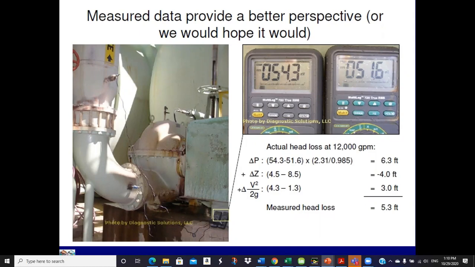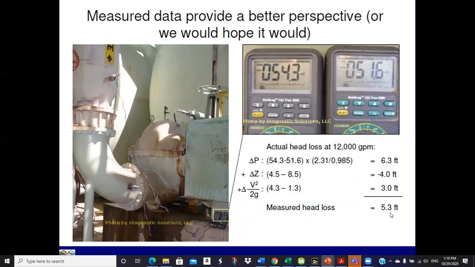But the elevation difference, measuring from the location of these two pressure transducers and the direction of the flow, is a minus 4 feet. Then the change in velocity head, from 24 inches to 18, the difference between v squared over 2g at this diameter and this diameter, is 3 feet.